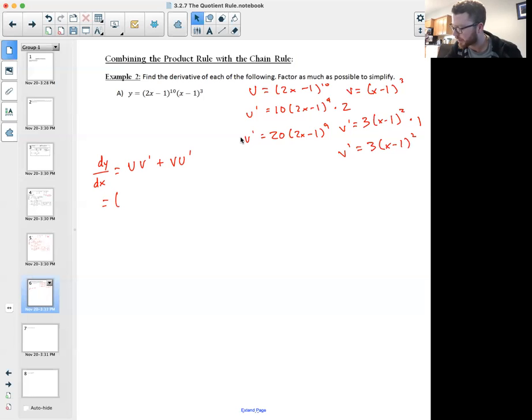So u is 2x minus 1 to the 10. v prime is 3 times x minus 1 squared, plus v, which is x minus 1 to the third, multiplied by u prime, which is 20 bracket 2x minus 1 to the 9.